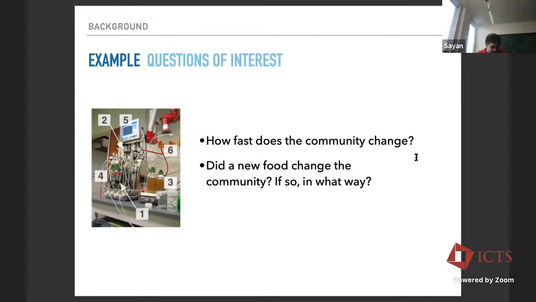An example we're going to look at is what's called a bioreactor, which is a fancy glass bottle where you can measure a lot of things, and in this case you can put in poop and microbial specimens and see how things change.